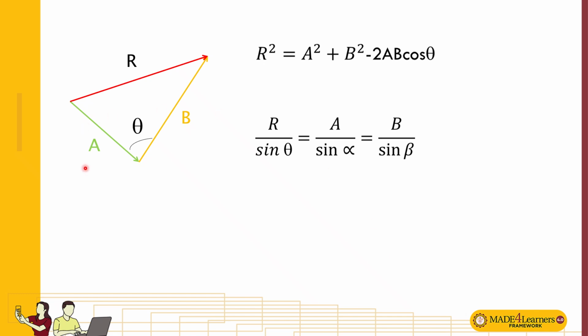Let's say the first and second angles are labeled A and B, so the angle opposite to angle A can be assigned this Greek letter alpha, and the angle opposite to angle B, the Greek letter beta.